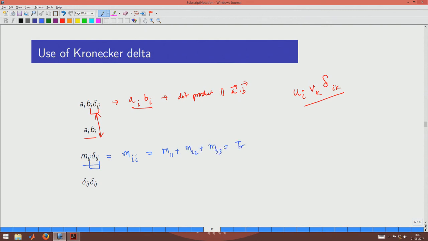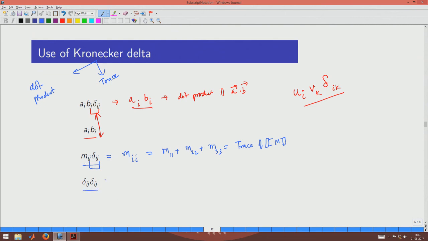This is nothing but trace of a matrix M. So, you could see that the property of Kronecker delta is coming multifold. One way is in the dot product, another way is in getting the trace. Okay. So, for the dot product we have seen how it can be used, for the trace you can see how it is used here.